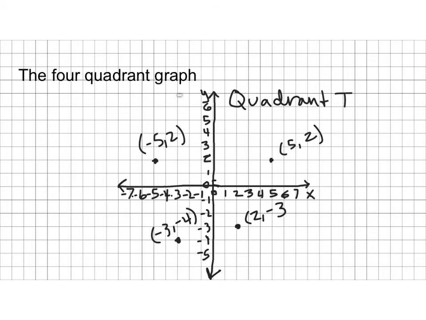And when we do quadrants, we label them with Roman numerals. So that's quadrant 1. Looks like an I, but it's a Roman numeral 1. And then quadrant 2 is counterclockwise. So right over here. And then quadrant 3 is down below.